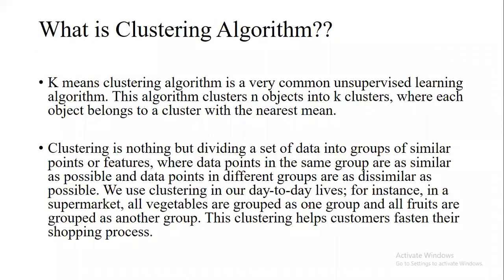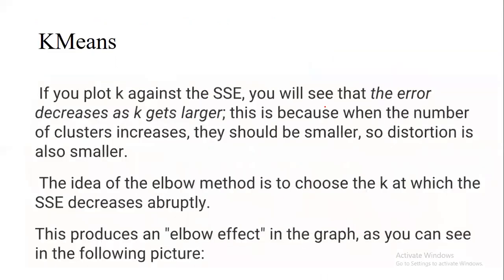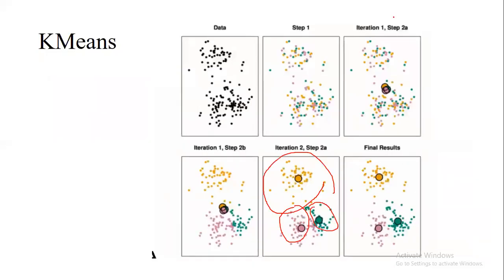Let's have an example of how we make the k value. This k-means clustering algorithm is used for unsupervised learning. You are going to divide n objects into k clusters. That's nothing but your n objects, divided into different clusters.